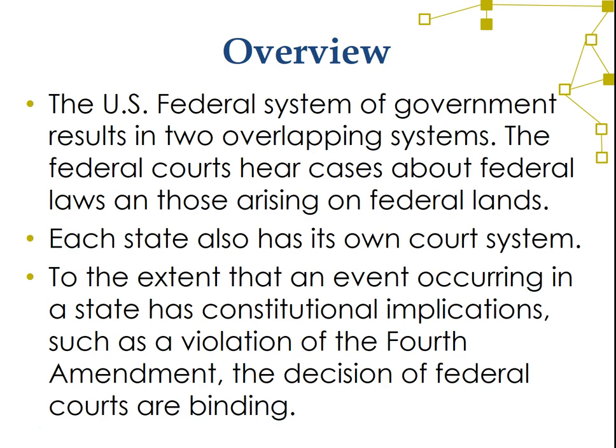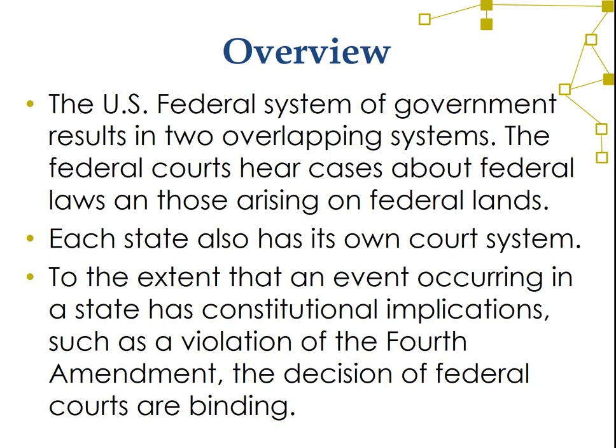And we know each state also has its own court system, and we'll get to that. To the extent that an event occurring in a state has constitutional implications, such as a violation of the Fourth Amendment, the decisions of federal courts are going to be binding. Now, I know that sounds confusing.